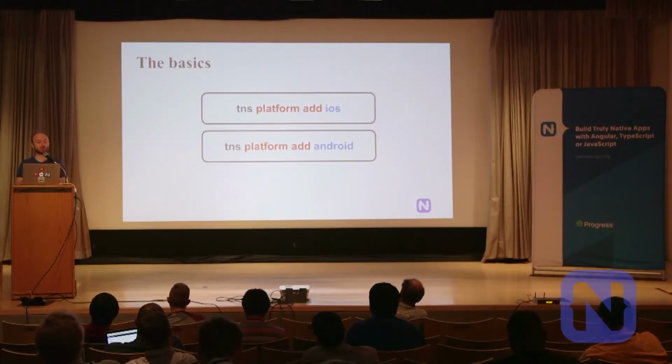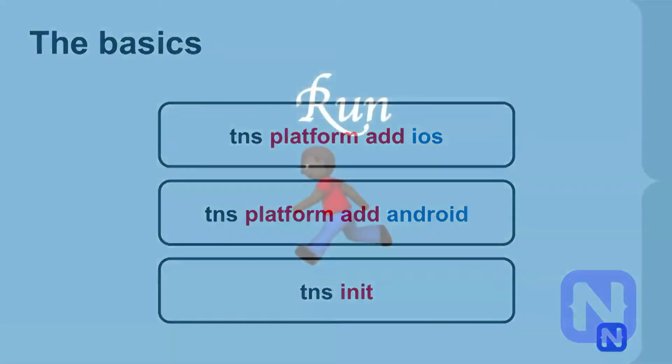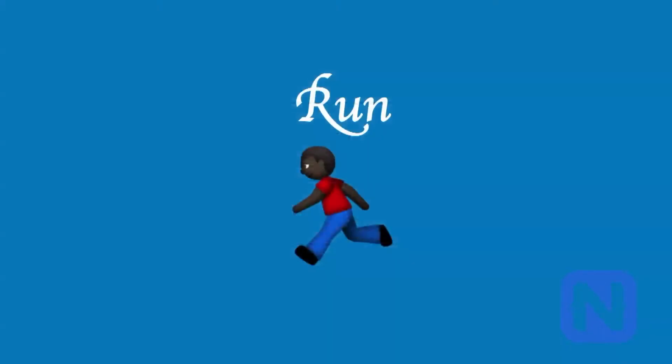In this case, you don't do just platform add, but what you should actually run is TNS init. If that project has any specific NPM modules, it will automatically install all those modules, and as well, if the project is set up for iOS or Android, TNS init is going to do all the installations and everything you need, so that the next thing you can do is run the app, right?